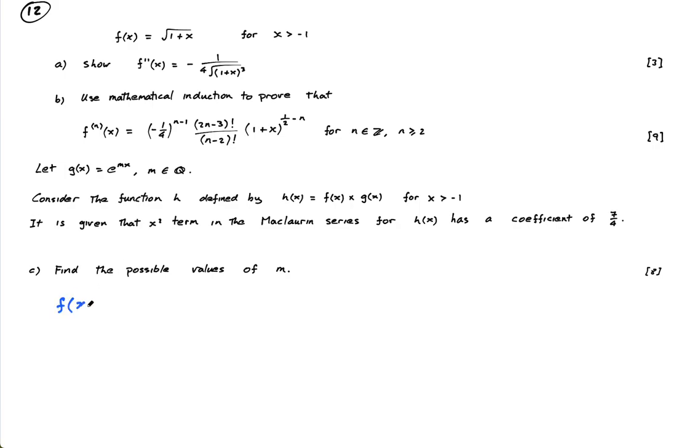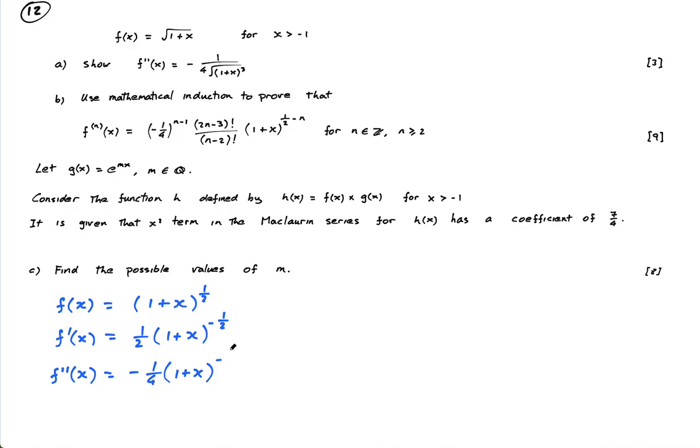Okay, so let's start with f of x. To get the Maclaurin series of f of x, we have to go through this whole thing. f of x is, let's just say, (1 plus x) to the half. f dash of x, we already got. It's a half (1 plus x) to the minus a half. And then f dash dash of x is equal to minus a quarter (1 plus x) to the minus 3/2.